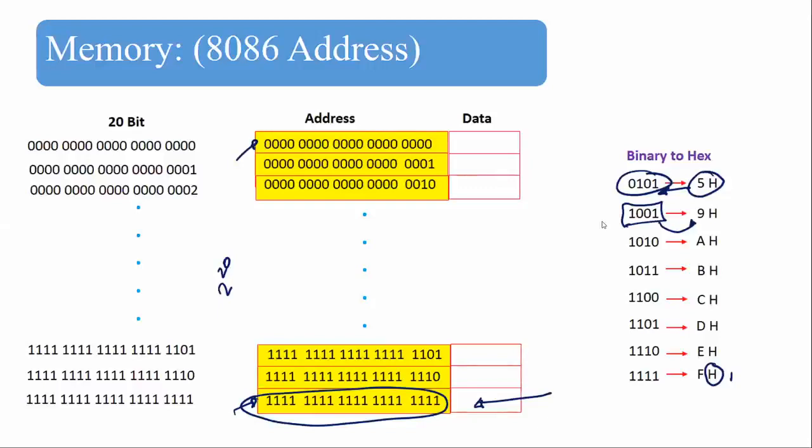Sir, I think H means hexadecimal. Yes. If you write something like 0AH, that means it is a hex number. If you have A5 and you write it without the H, you cannot figure out which number system it is.